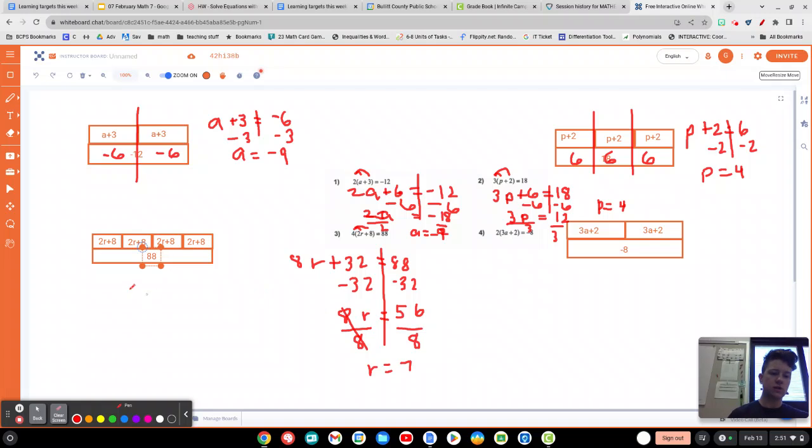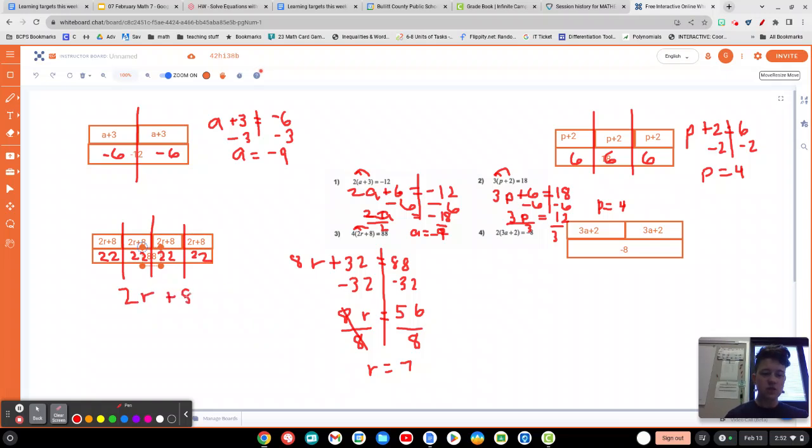So now let's try it with our tape diagram. I've got 1, 2, 3, 4 sets of 2r plus 8, just like our equation says, and it's all equal to 88. You can see that the 88 is exactly equal to my 4 sets. So I can take my 88 and chop it into 4 equal pieces, and each one is equal to 22. Which gives me 2r plus 8 being equal to 22.